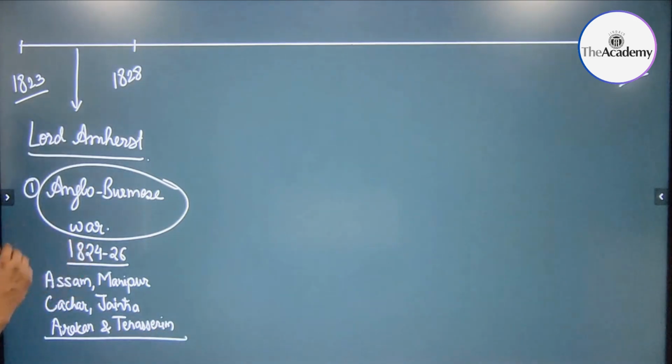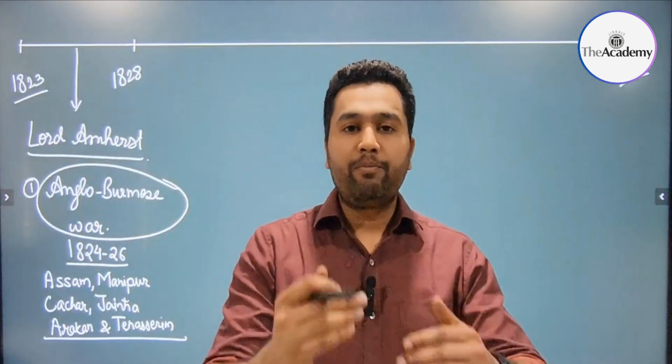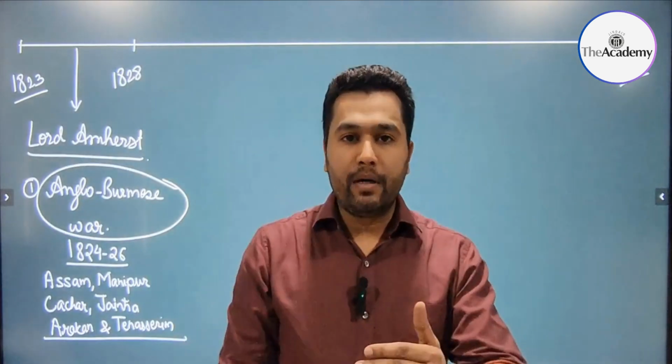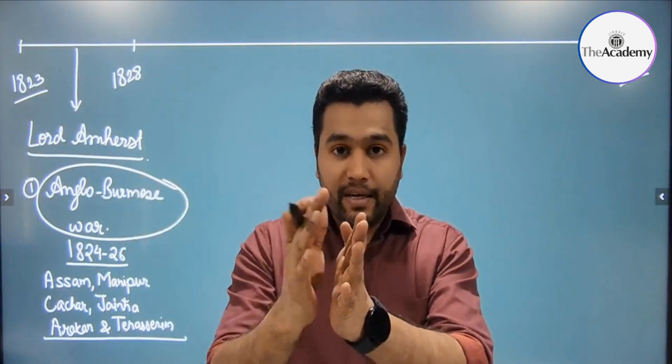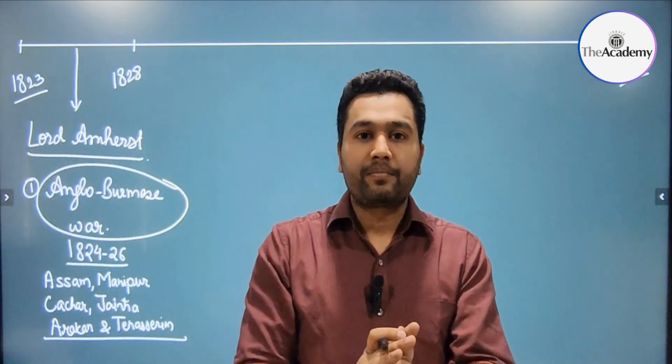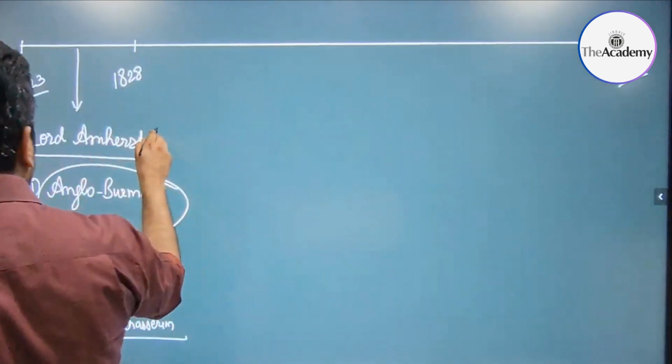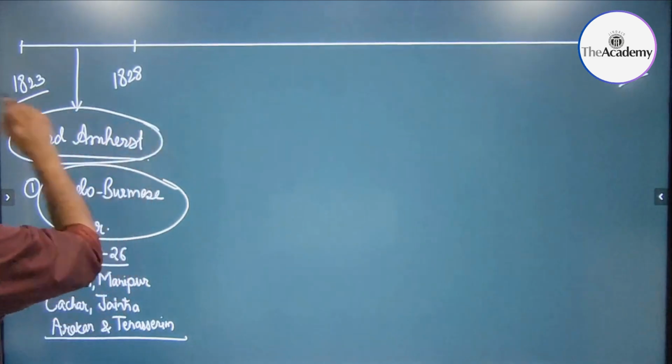These regions were brought under control. Except for Lower Burma and Upper Burma, we saw that the eastern frontier of East India Company expanded. And this became the characteristic feature during the time period of Lord Amherst.